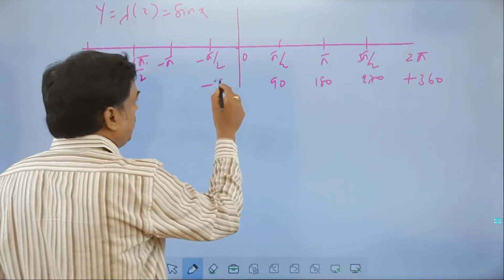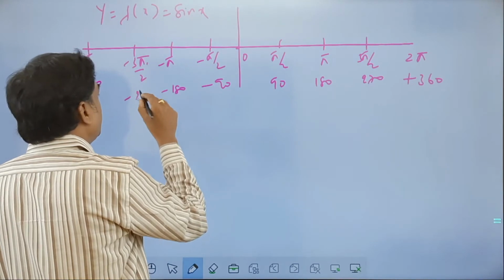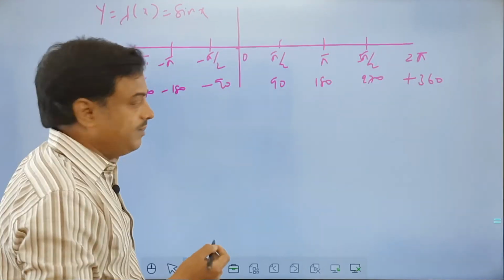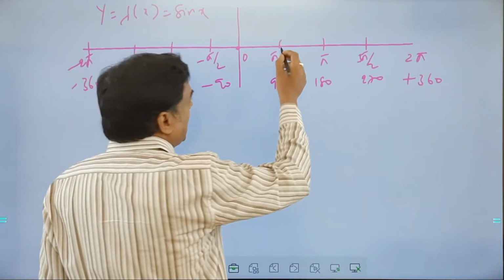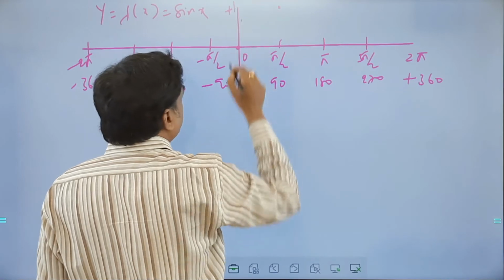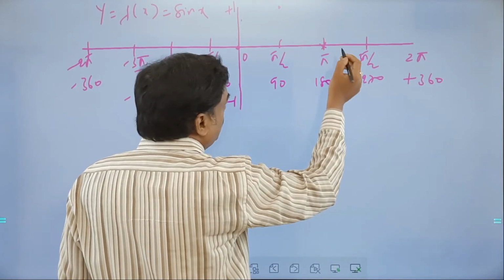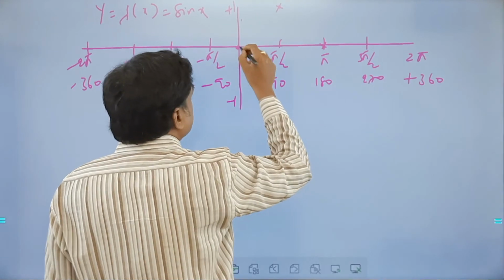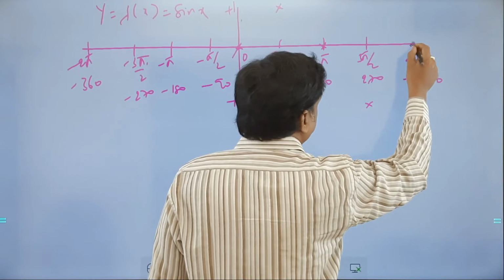So this is minus 90, minus 180, minus 270 and minus 360 here. Okay, now sine 0 is 0, sine of pi by 2 is 1, and here we have minus 1. So pi is 0, this is 1, this is 0, then this is minus 1, and this is again 0.